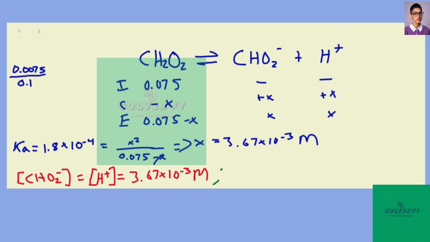And the last thing that we have to calculate is the concentration of formic acid, CH2O2. Now we know that after the reaction with HCl, we had 0.075.